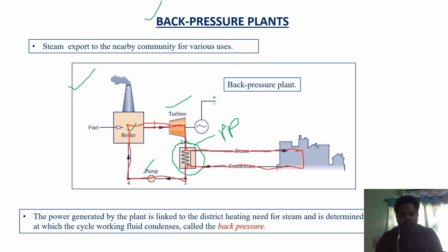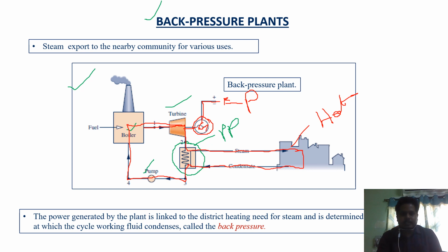Moreover, the turbine is giving work. This turbine is connected to the generator, so that the generator will rotate. It will convert the mechanical energy into electrical energy. So here, this plant is producing heat in the process plant and also producing power simultaneously.